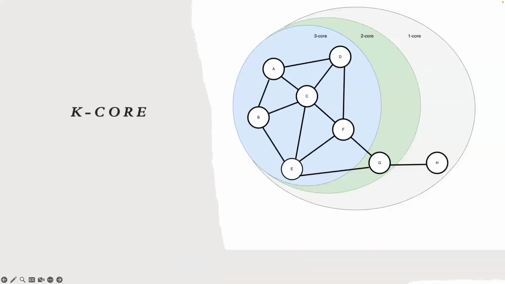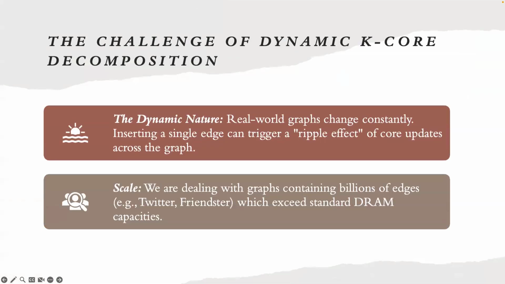And since we are planning to do dynamic K-core maintenance, we need to understand the challenges of dynamic graphs. So basically, a dynamic graph is a graph which is constantly evolving.